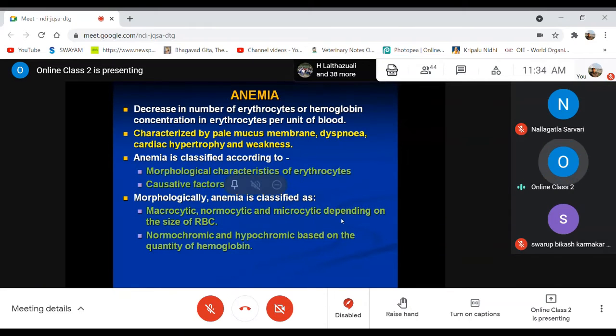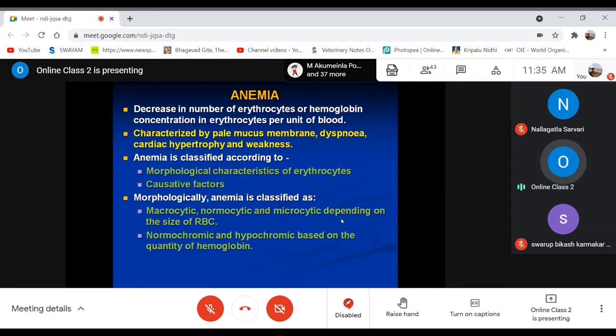If you are anemic, that means you have fewer RBCs as well as a lower hemoglobin concentration, so your visible mucous membranes will be pale in color. This paleness is the indication. Along with that, there will be dyspnea, difficulty in breathing, cardiac hypertrophy, and weakness, meaning the animal will be very weak.